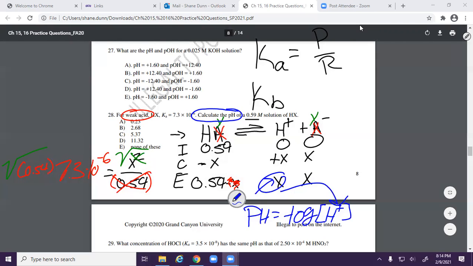Yes, you are correct. Yep, it is. Good job. The answer is B. The pH is 2.68. Yes, I can walk through the math. So, what part do you guys get stuck at?